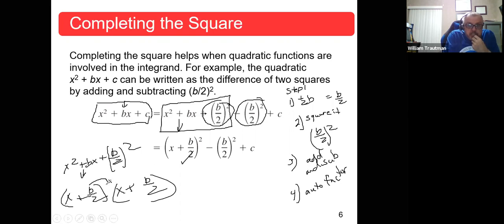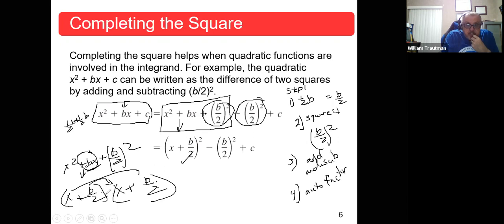You see, when I take this, I get b over 2 x, and then the outside, I get b over 2 x. That ends up being 1/2 b x plus 1/2 b x, I end up with just 1 b x. Do you see? And then there's the square, b squared over 4.